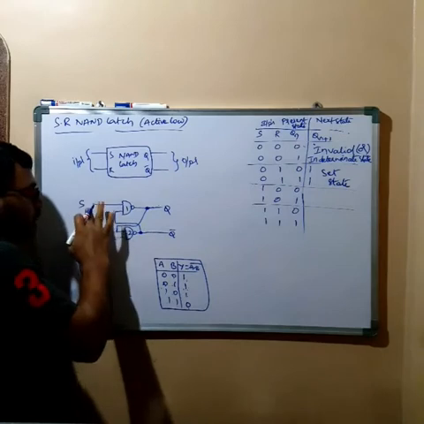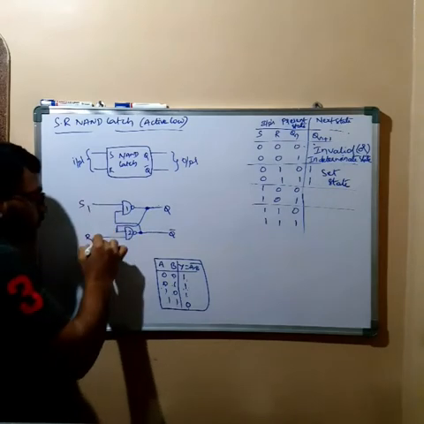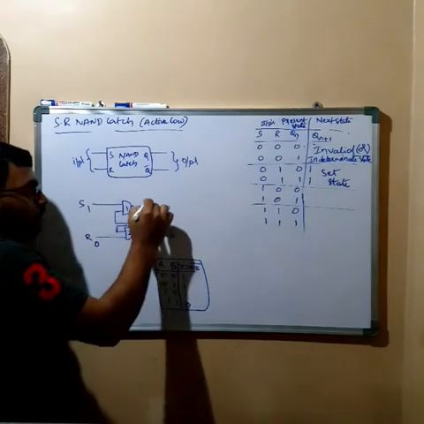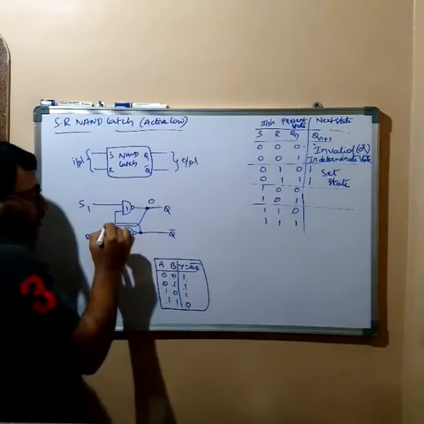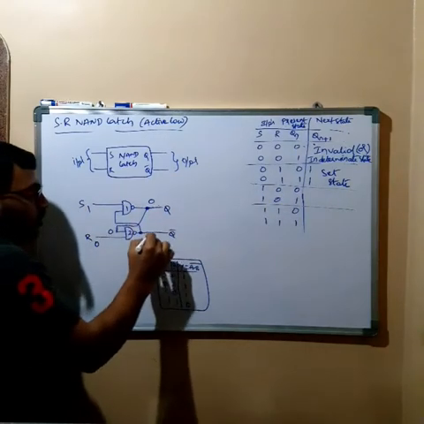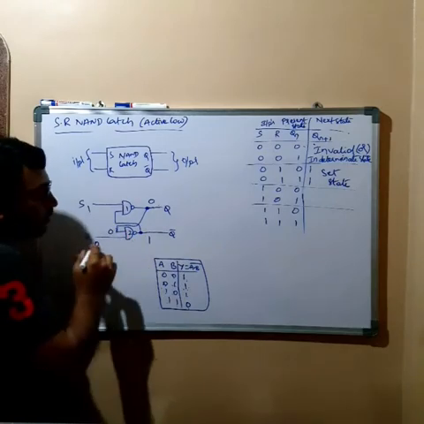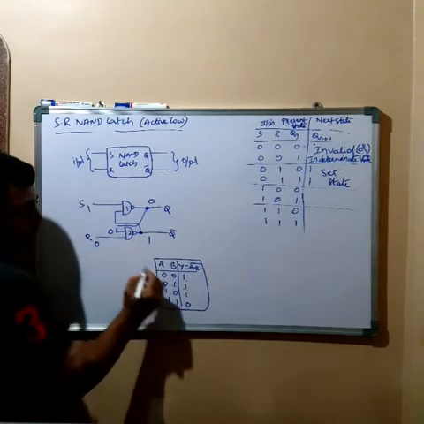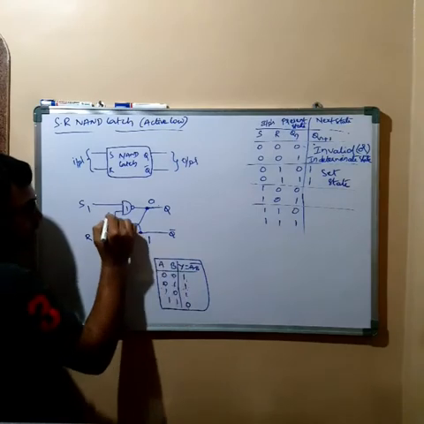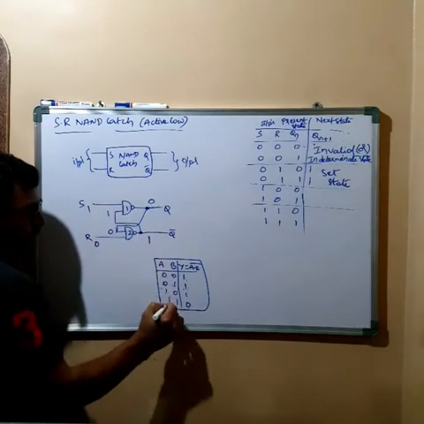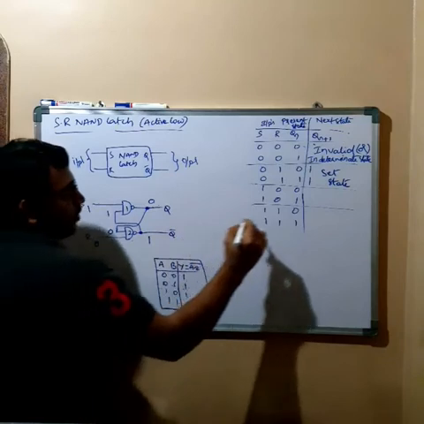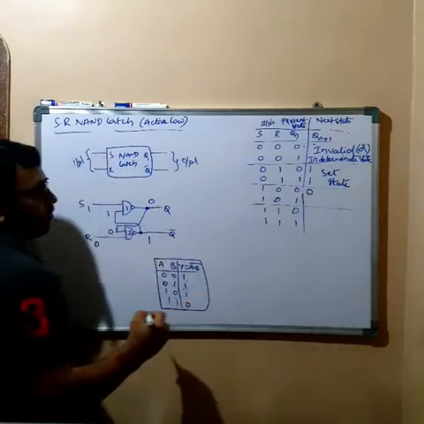S is 1, R is 0. The past output is assumed as 0. This 0 appears here. The complement of this is 1. Next, 0 0 will be 1. 1 appears here. 1 1 will be 0.